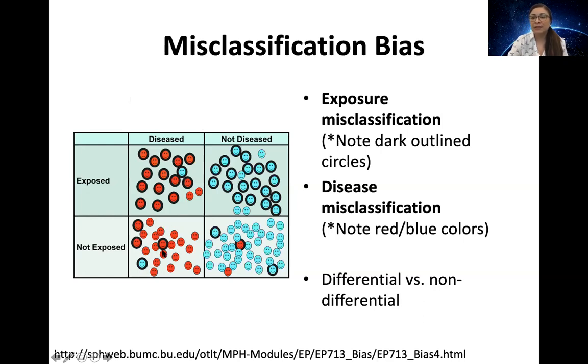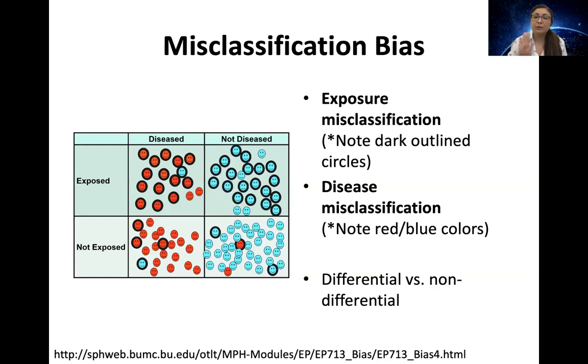The reason they were misclassified had to do with some sort of error in the method, in the way we collected whatever we used to classify them, whether it was a survey, whether it was blood to measure sugar, or urine to measure a protein.